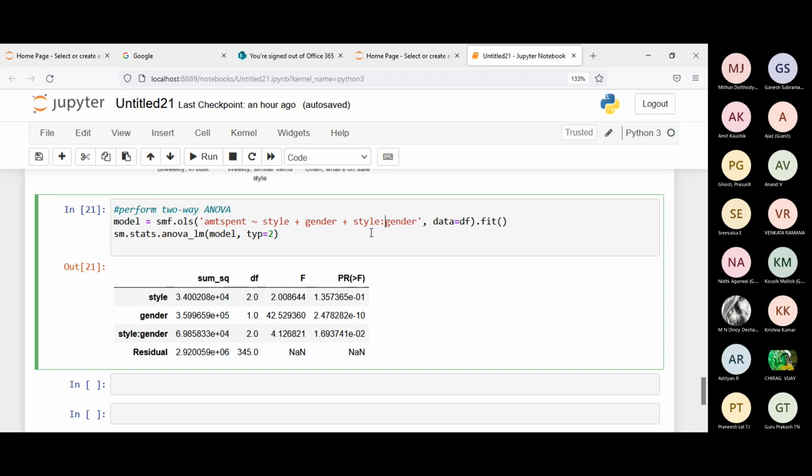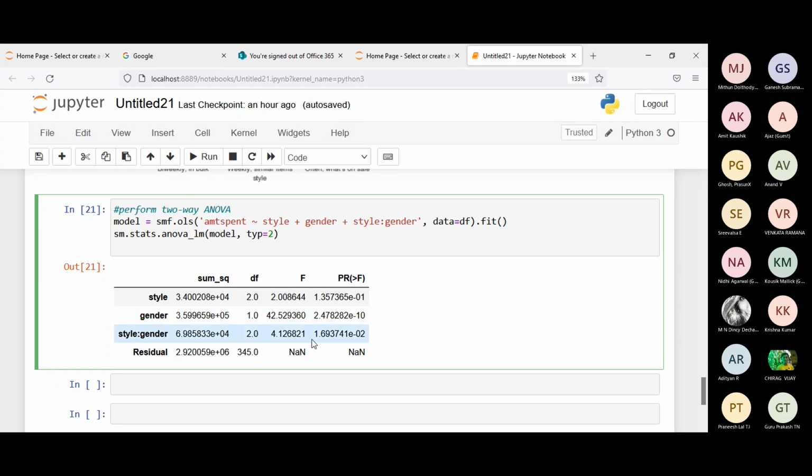So what does this mean? Style, if you look at the p-value, it is significant. Right? So there is a significant difference in the amount of money spent by the three different shopping styles. Correct? Let's look at gender. Again, the p-value is less than 0.05, which means that there is a significant difference in the amount of money spent between males and females.